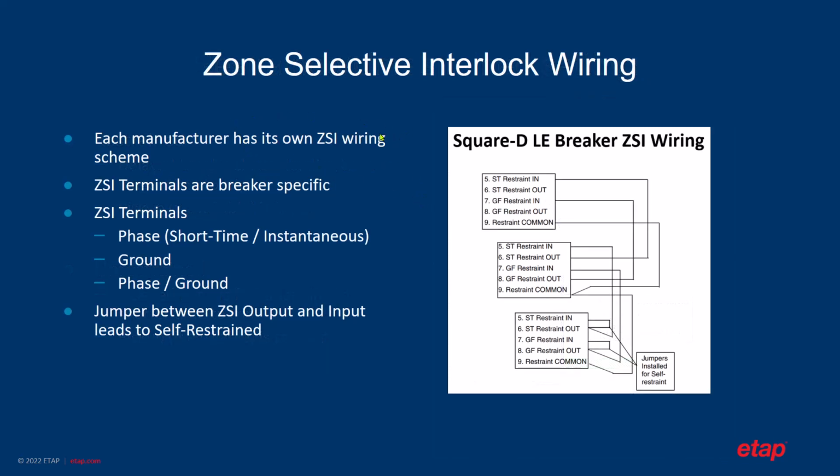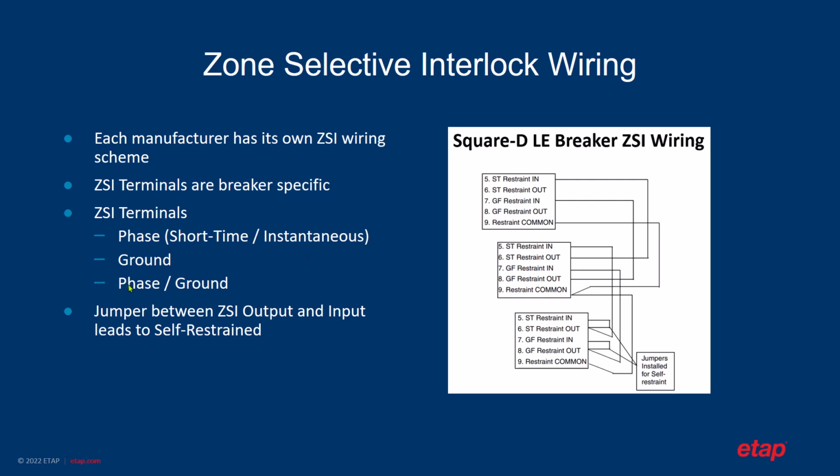Let's take a closer look at the ZSI wiring schemes. Each manufacturer has its own ZSI wiring scheme. ZSI terminals are breaker specific, which means you can see different wiring schemes based on the different breakers.